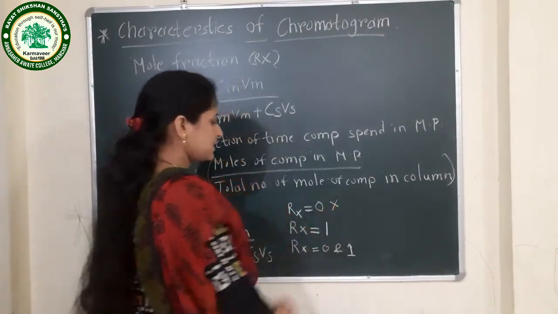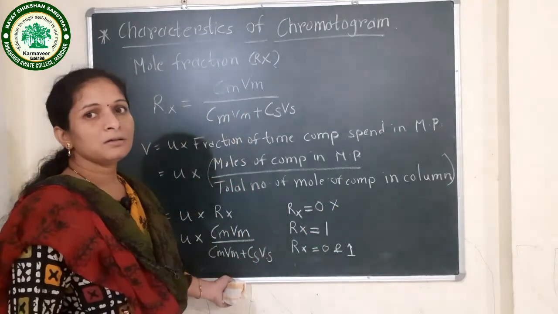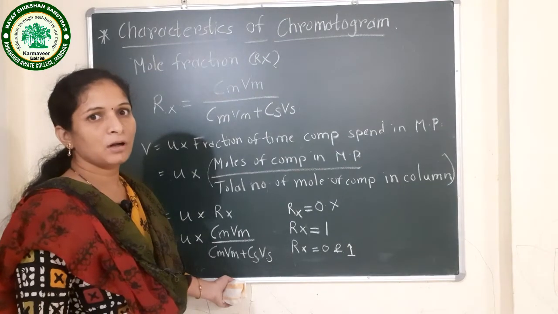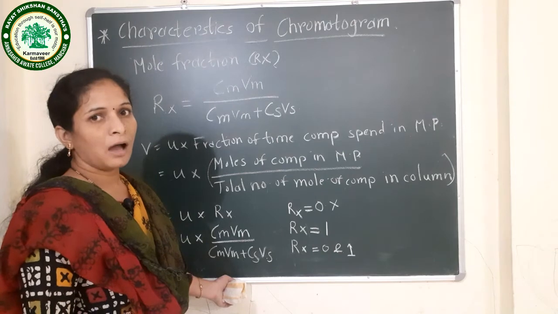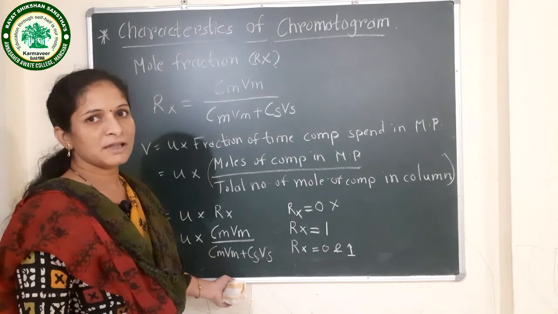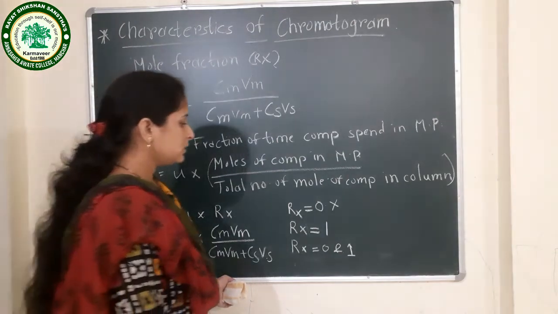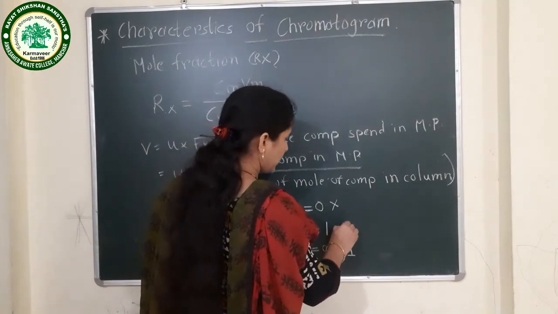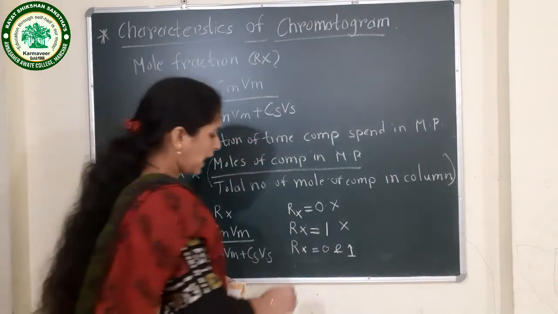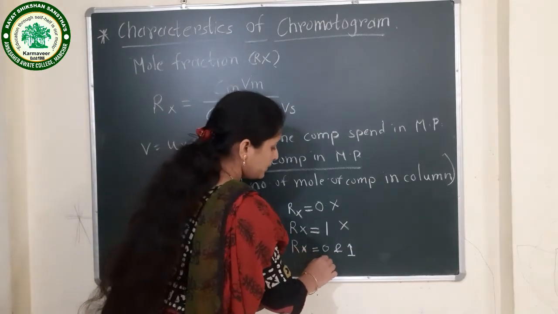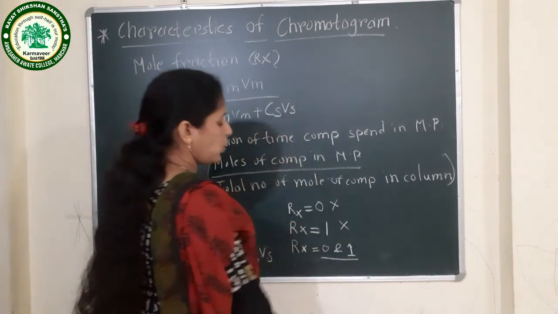And if Rx is 1, then the mobile phase and the component will travel at the same rate. Therefore all the components and the mobile phase are eluted at the same time. Then also there will be no separation. Therefore Rx value should be between 0 and 1.